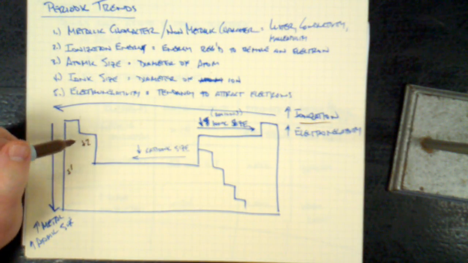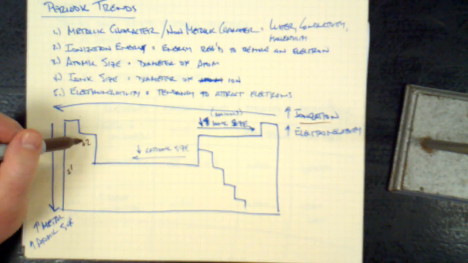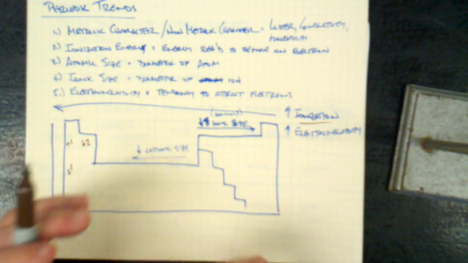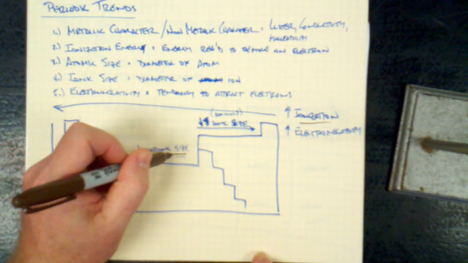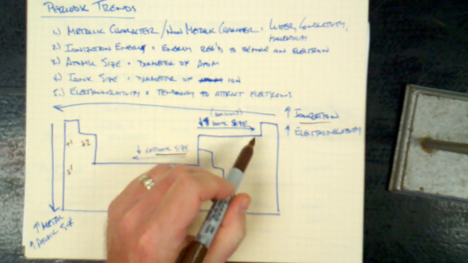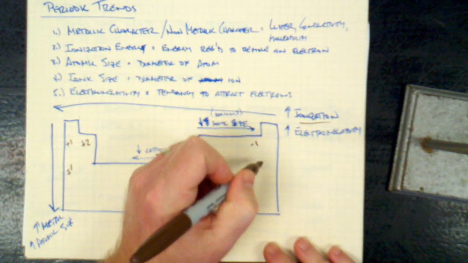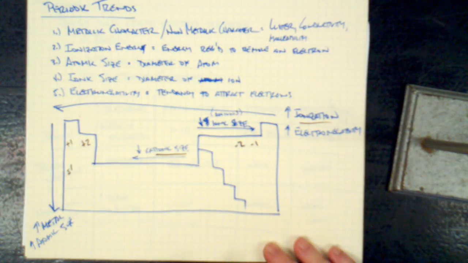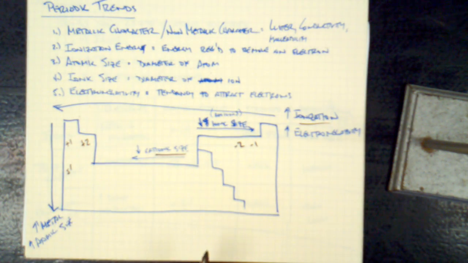So the nucleus has 2 more protons than electrons, which squeezes it even tighter. So cation size goes down as we go to the left. The other way, these guys, they add electrons, -1, -2. As they add electrons, they get bigger.